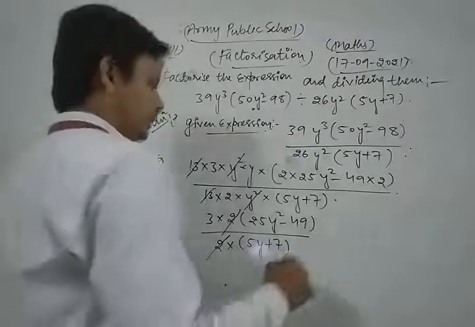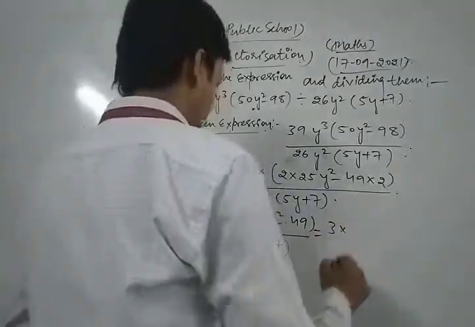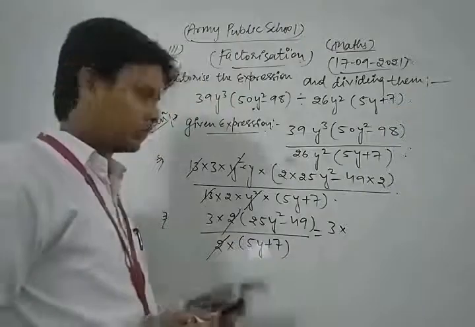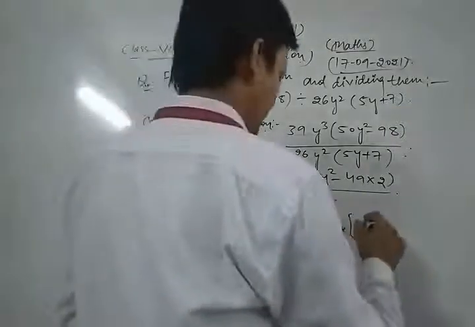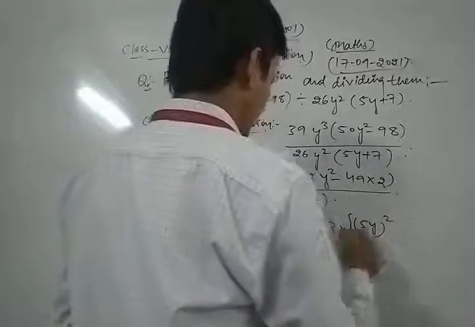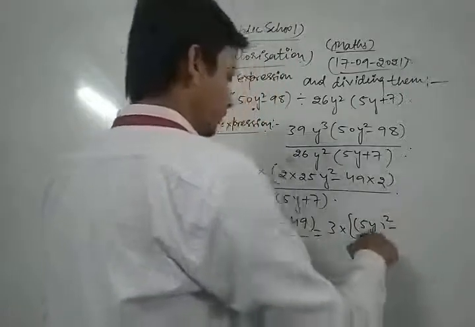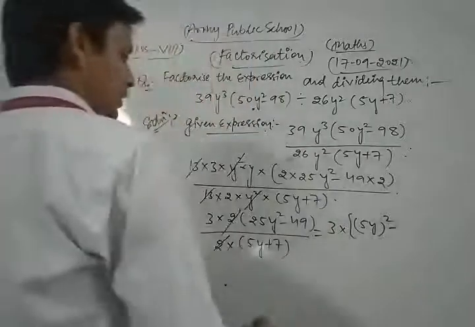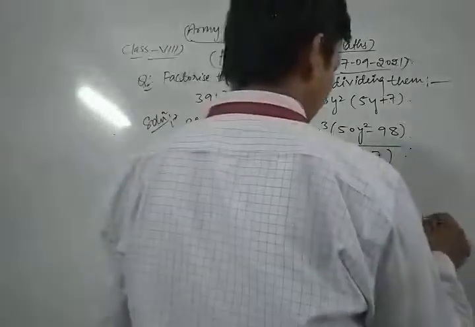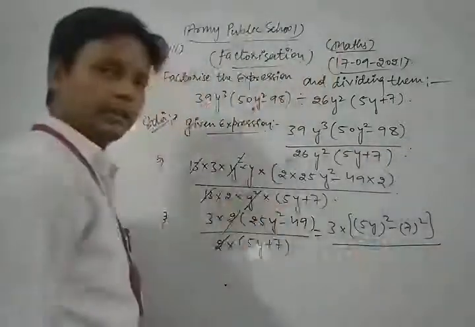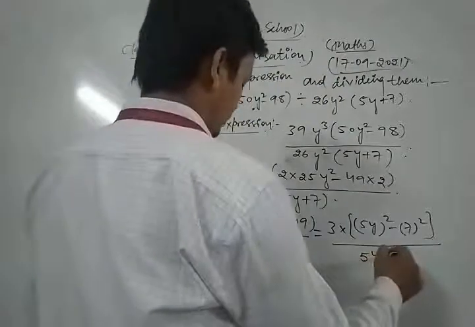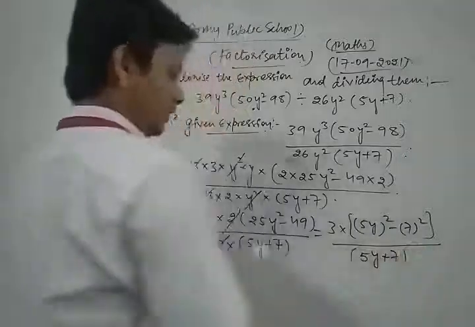Now we get 3 into, we can write 25y square as 5y whole square minus 49 as 7 square, divided by 5y plus 7.